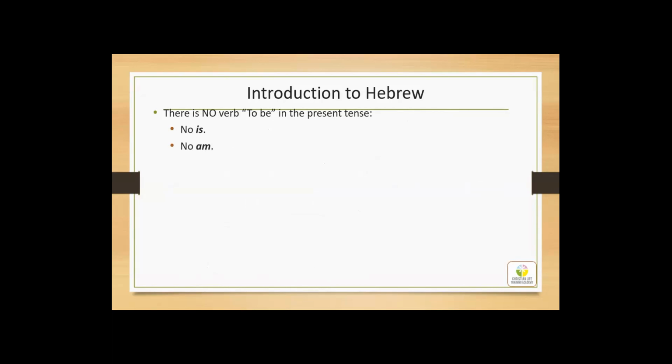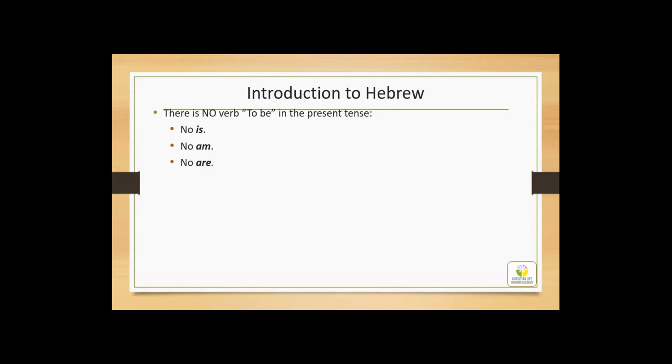So there is no is, there is no am. I can't say I am going. I'll tell you now, there is no are. There is no is, am, or are in the present tense.